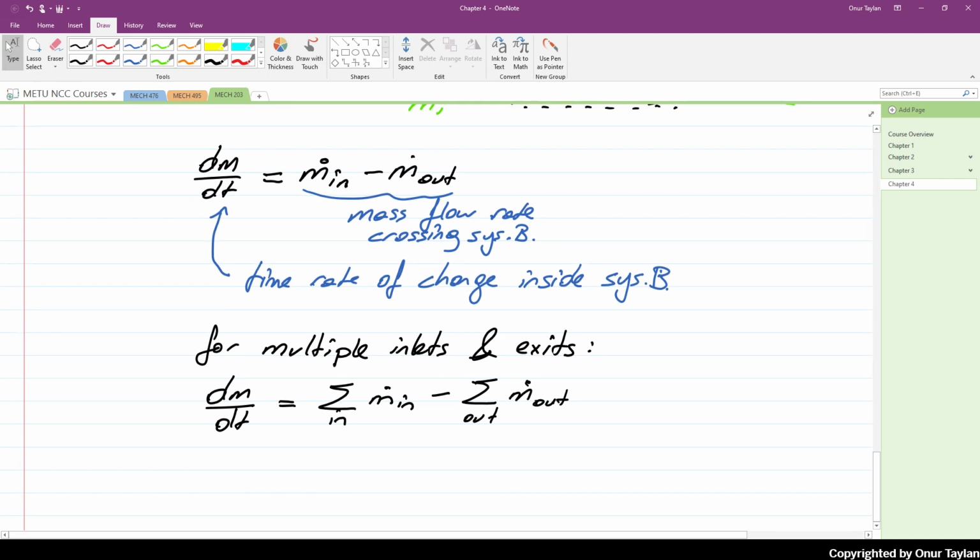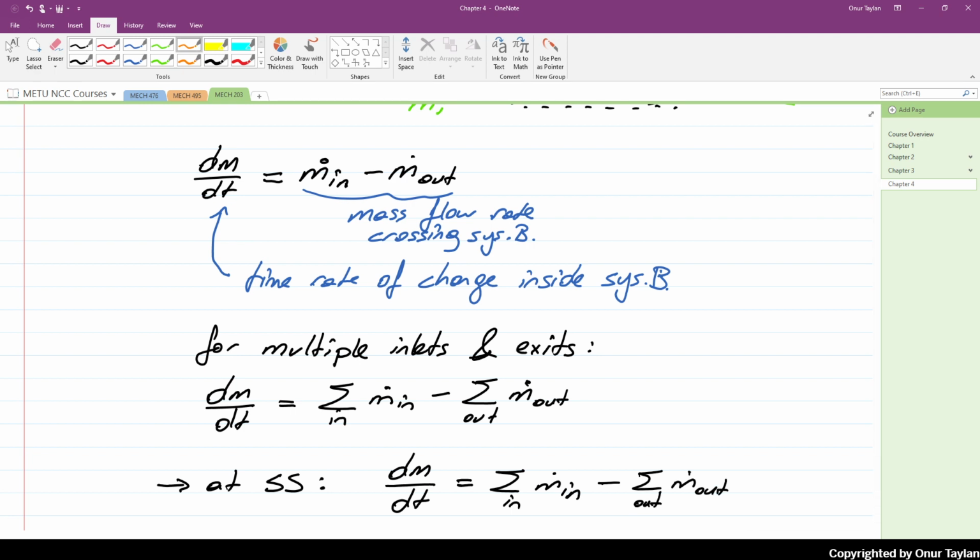The simplification is if your system is operating at steady state. At steady state, dm by dt is equal to, let me put the general form, the summation of the inlets minus the summation of the exits, if you have multiple inlets and multiple exits. At steady state, the left-hand side is zero because by the definition of steady state, no mass is accumulating or depleting within the system.